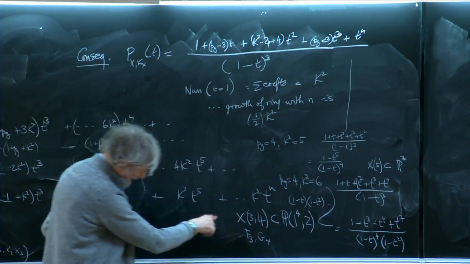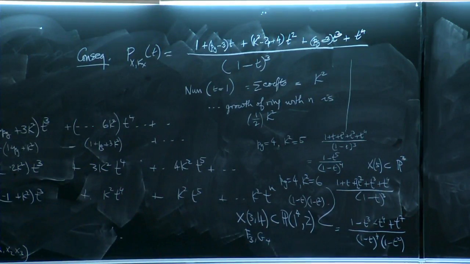This is the same as the calculation I did yesterday with x1 times y and y squared equals cubics and quartics, right?